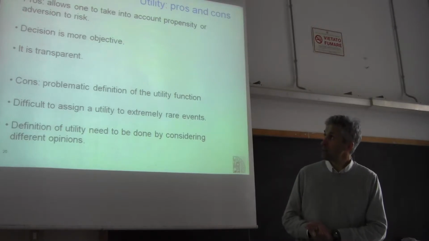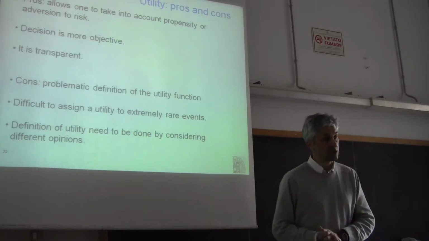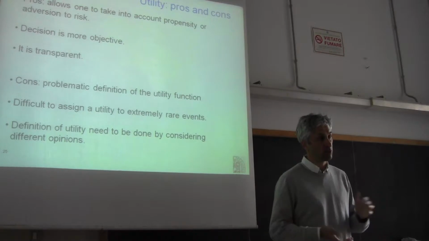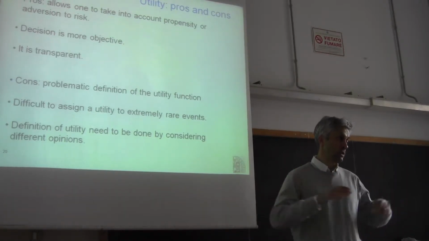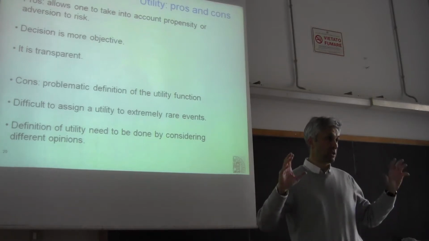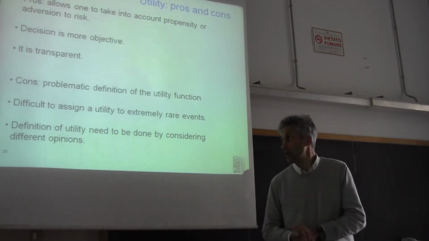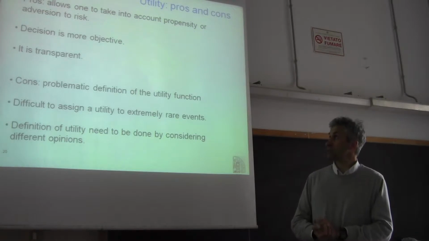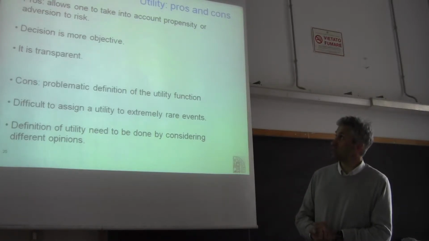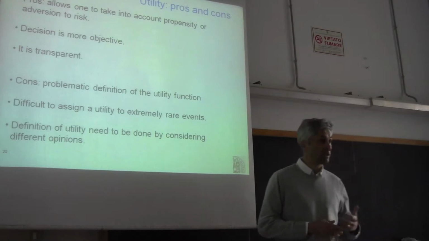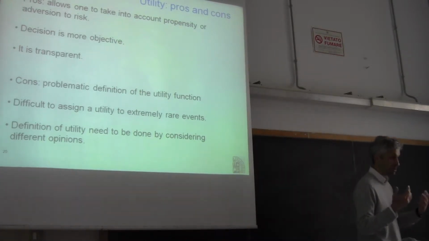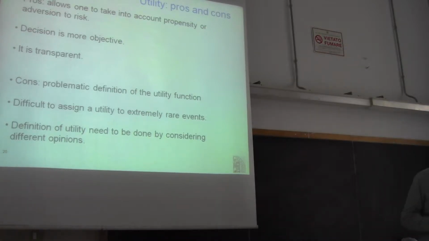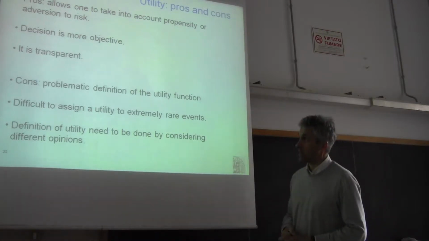So what are then the pros, the advantages of the use of utility theory in order to carry out this incorporation of our propensity or aversion to risk? The pros is that the decision is more objective. Besides the opportunity of taking into account our propensity to risk, the decision is objective and it's very transparent, as I said. There are some drawbacks.